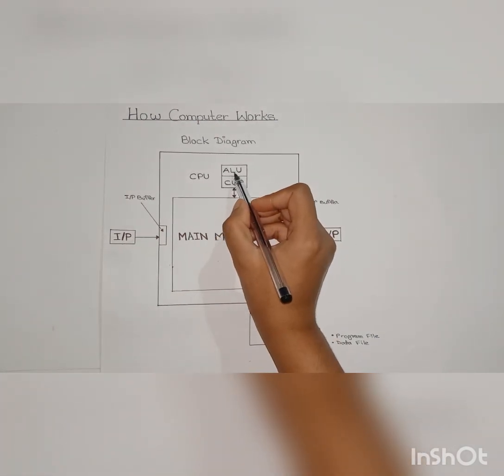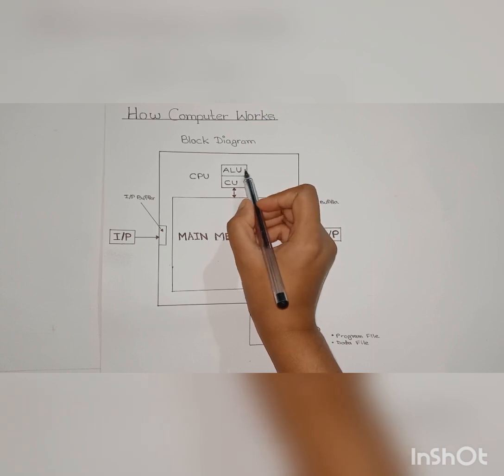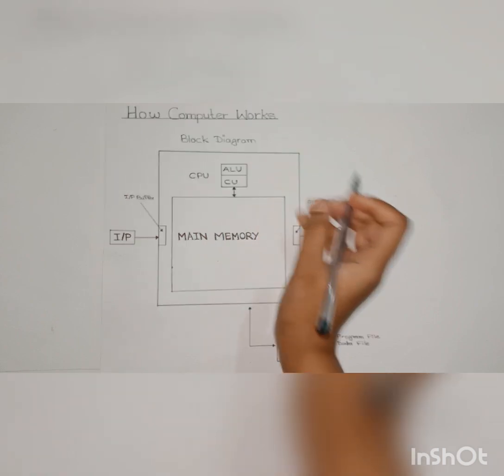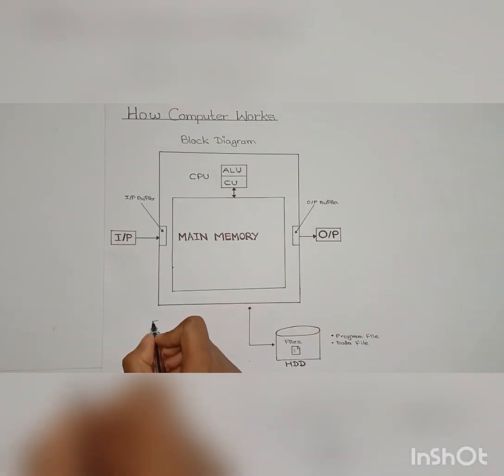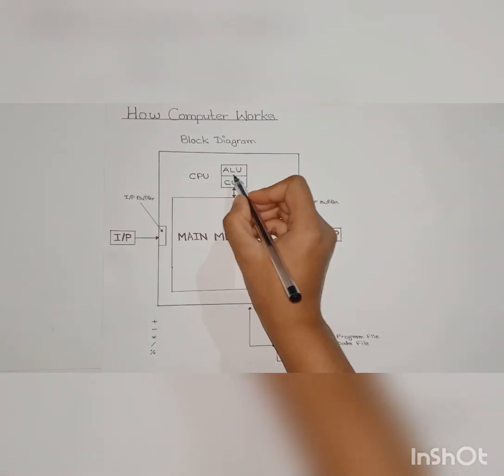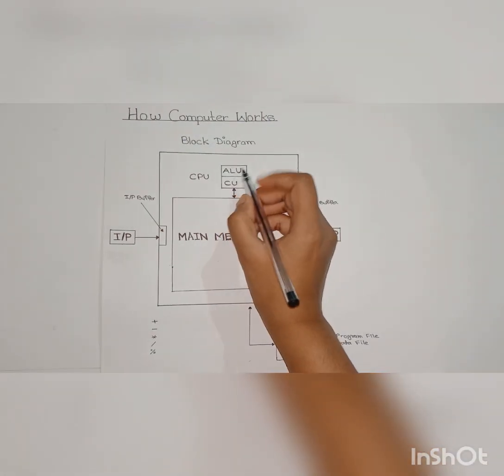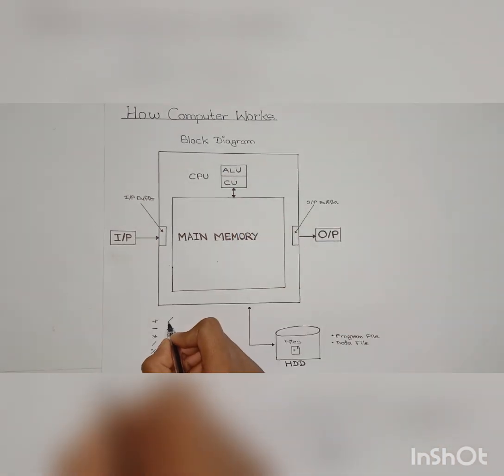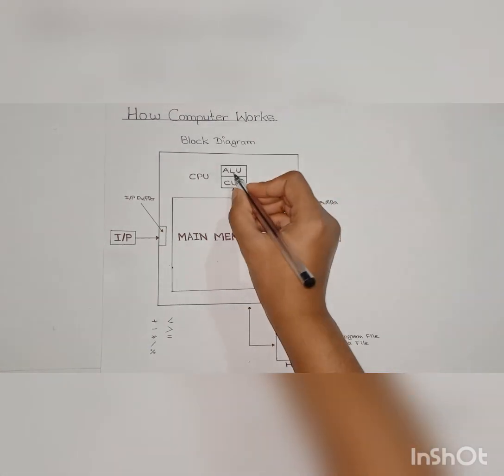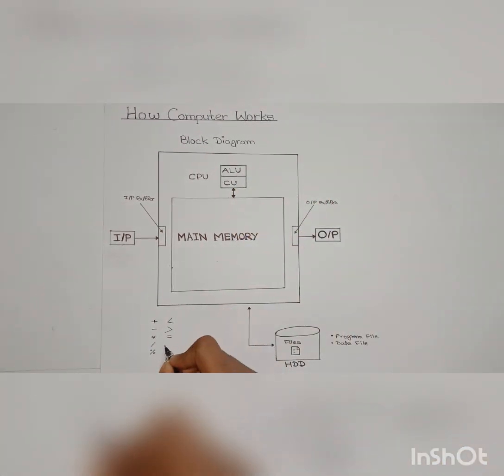ALU means arithmetic and logical unit, which performs basic arithmetic operations like plus, minus, multiplication, division, modulo. The logical unit compares two numbers, for example less than, greater than, equal to, and also performs logical operations like and, or, and not.